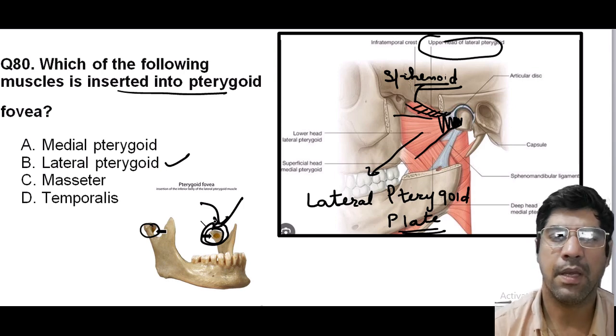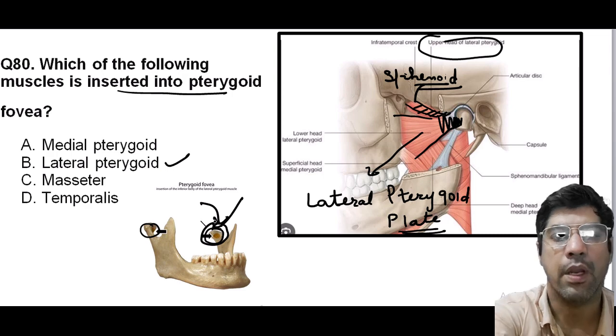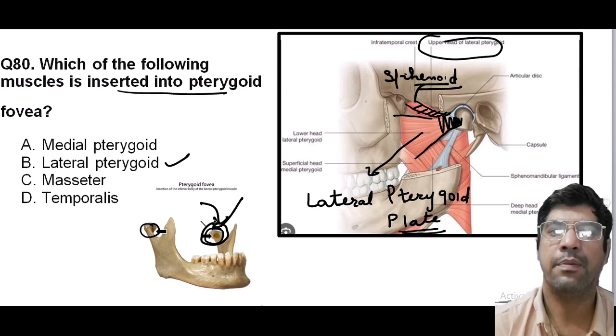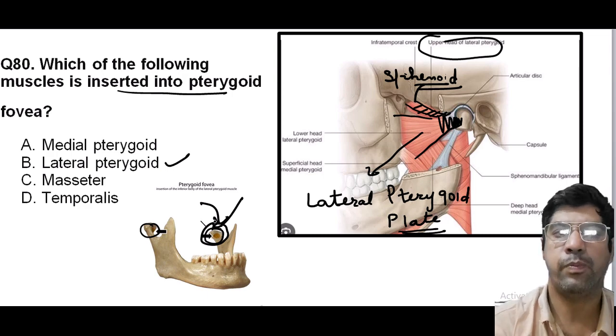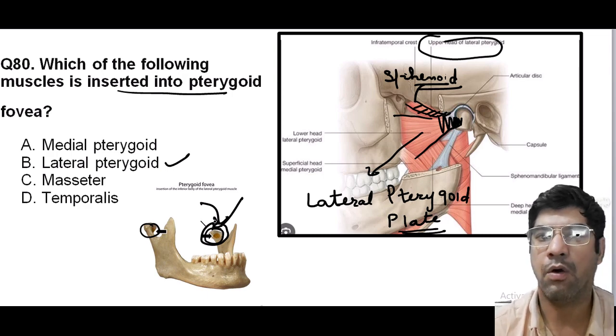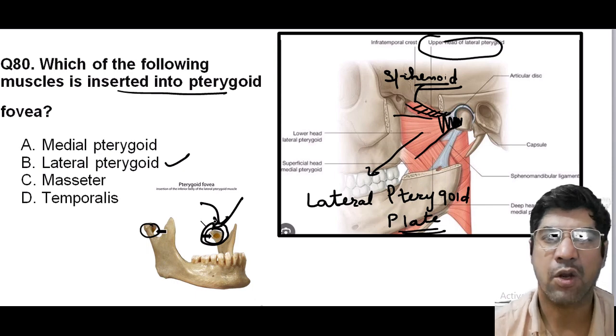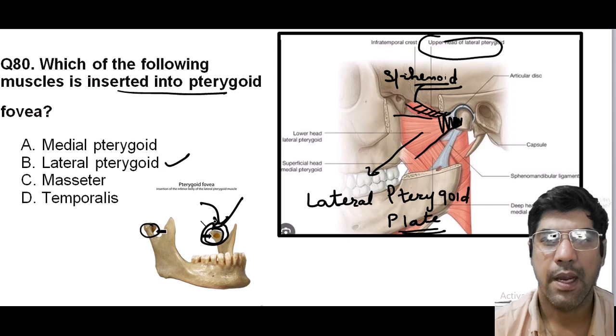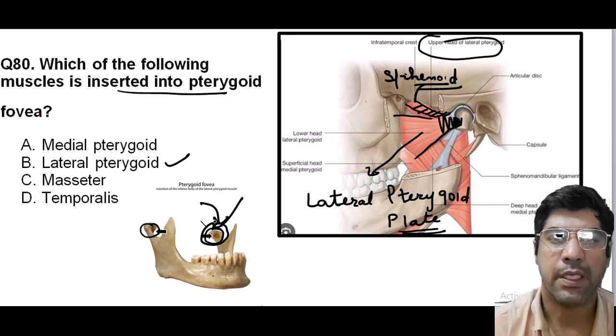So think of this pterygoid fovea as a hook on the jawbone. The lateral pterygoid muscle's mission is to pull on this hook. So when it contracts, it helps to open your jaw, move your jaw, and plays a role in chewing.